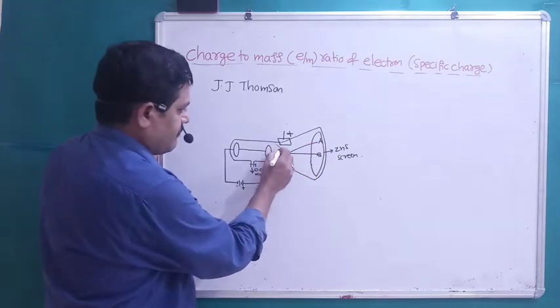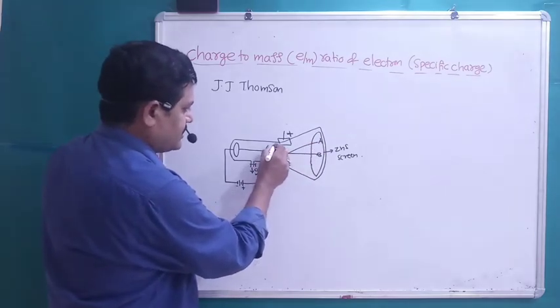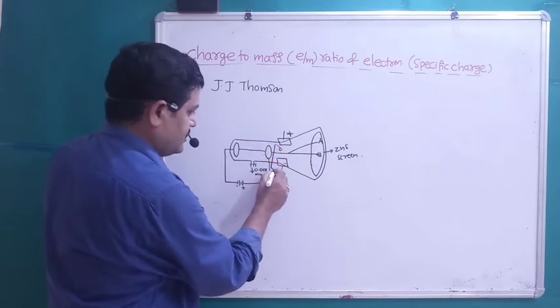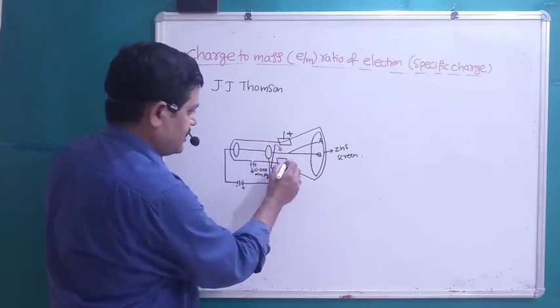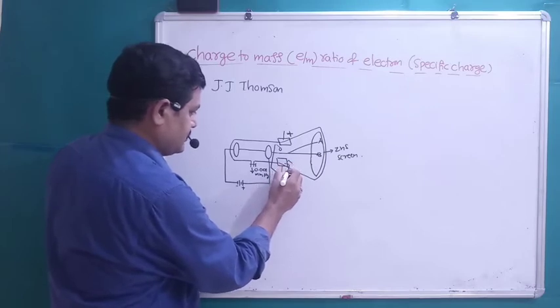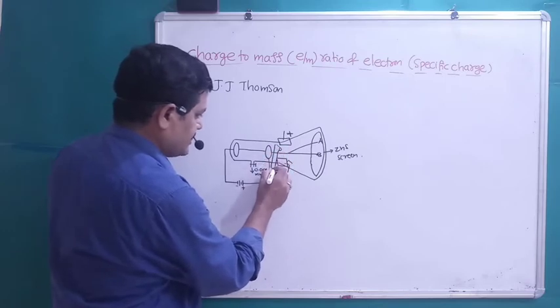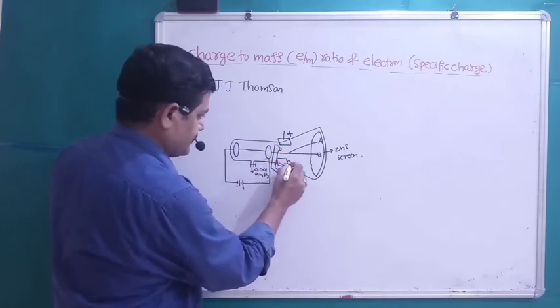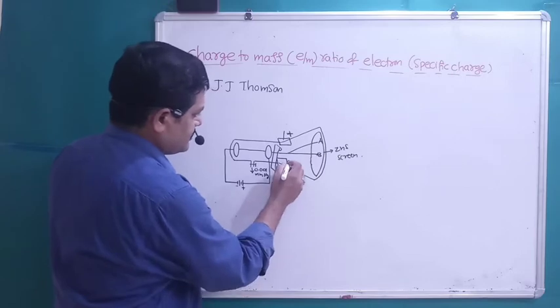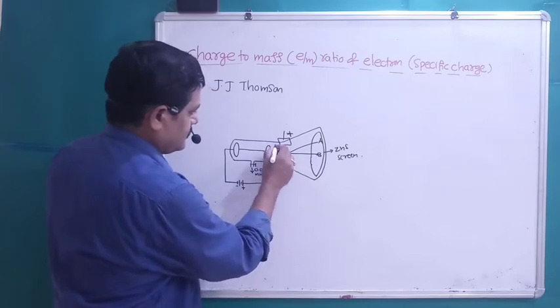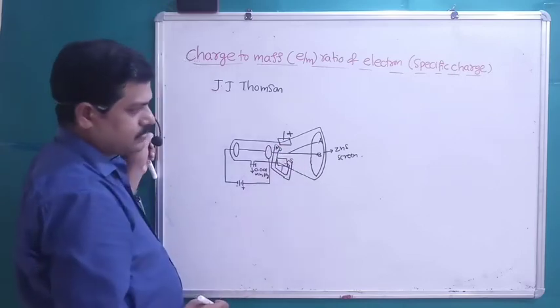When the magnetic field alone is applied, then it is hitting at a point C. Assume this is a south pole and this is a north pole.